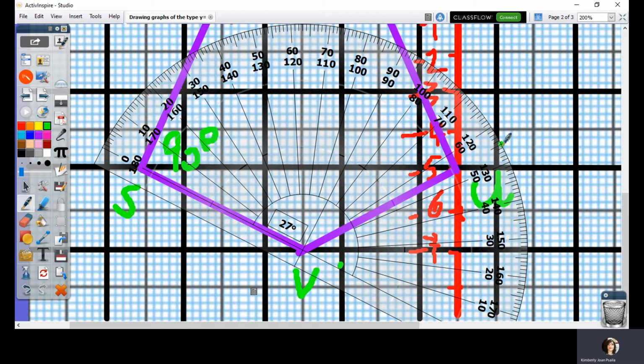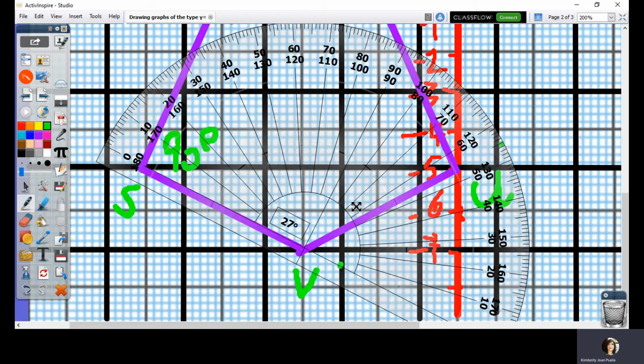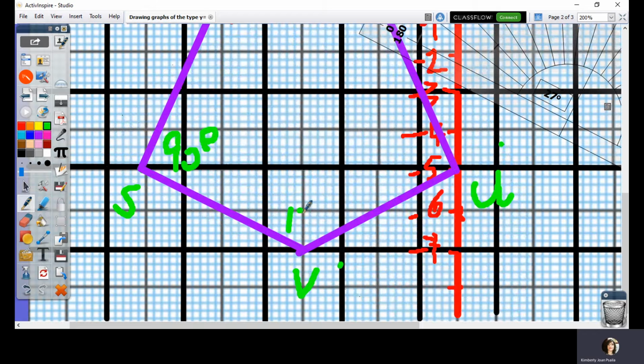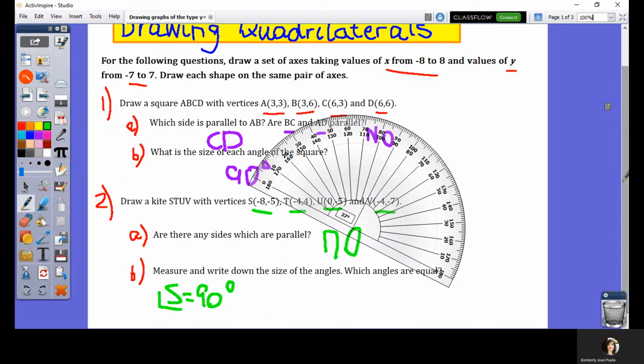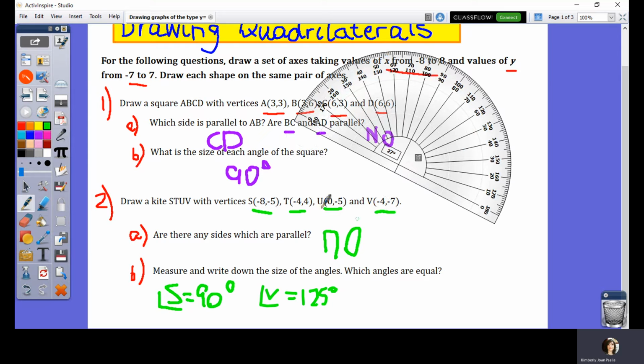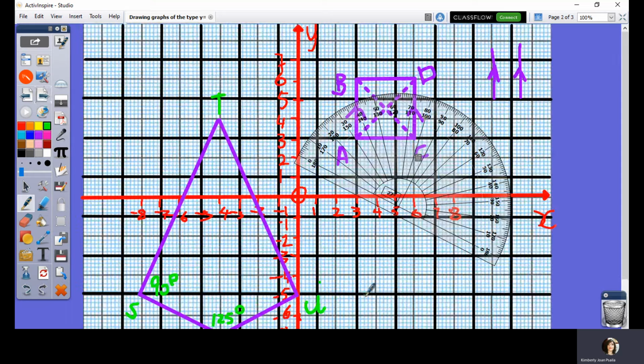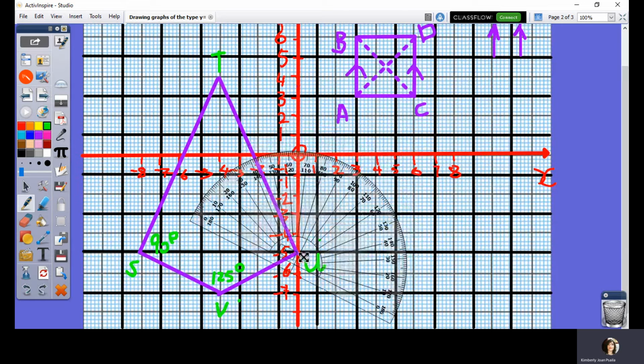So my answer should be 125. Okay, we can write this down. So that was angle V. Here V was 125 degrees.